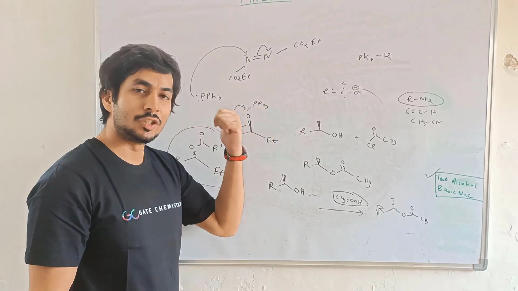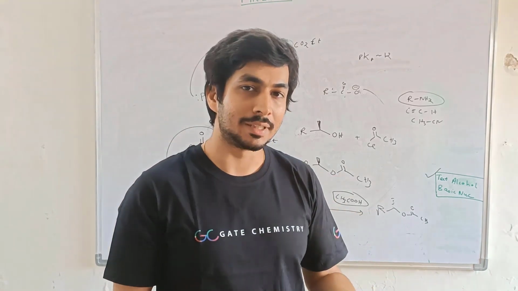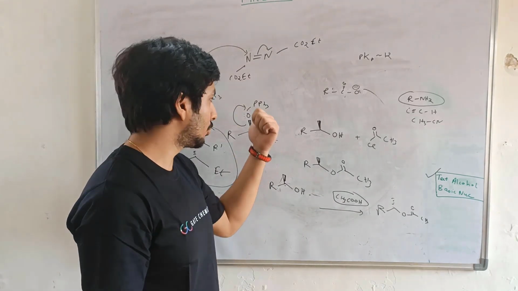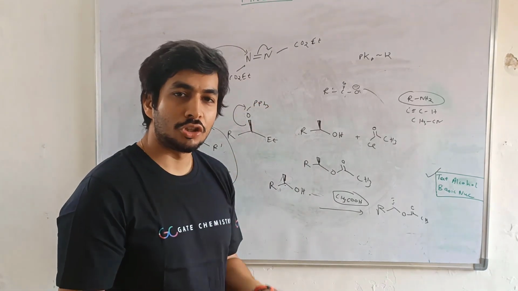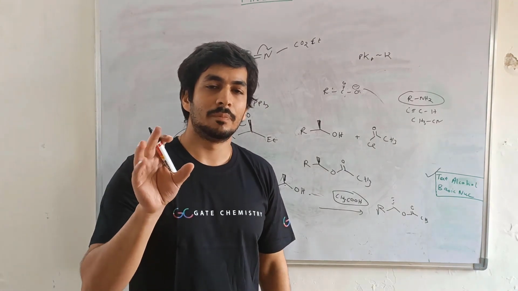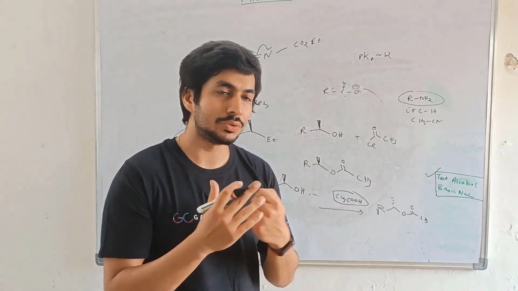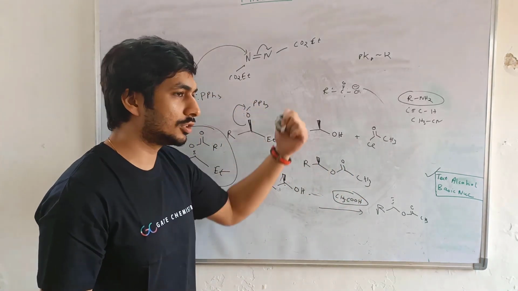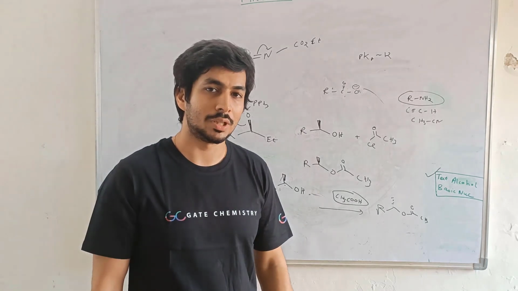As you can see, with 3 phenyl groups attached to the phosphorus, it itself is bulky. Primary and secondary alcohols do not have much difficulty in approaching this phosphorus, but tertiary alcohols will have a lot of difficulty. So due to these steric issues, you can understand why tertiary alcohols might not react really well in Mitsunobu reactions.